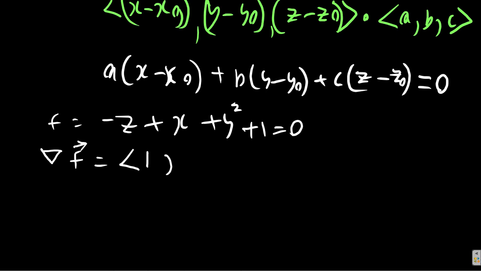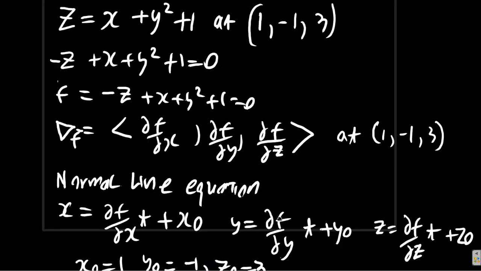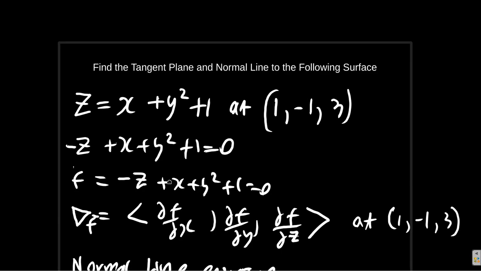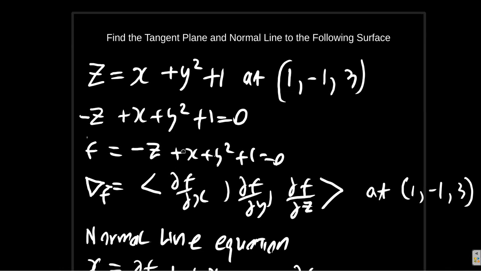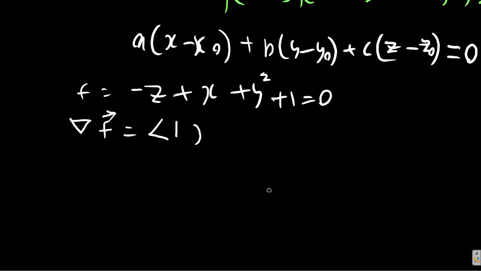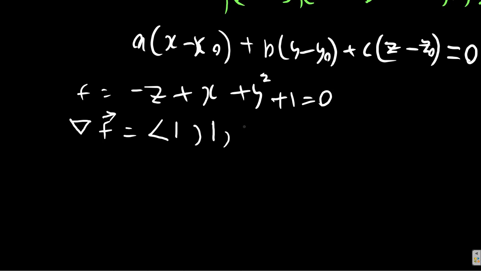When you differentiate x with respect to x, you get 1, and then for y squared we get 2y. Alright, so there we have the gradient of that function.